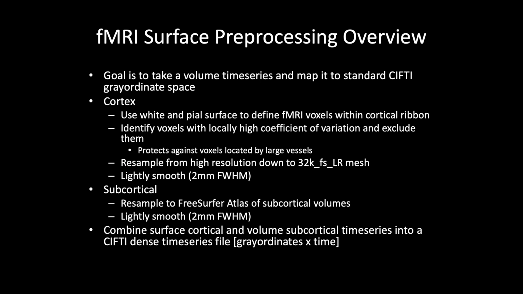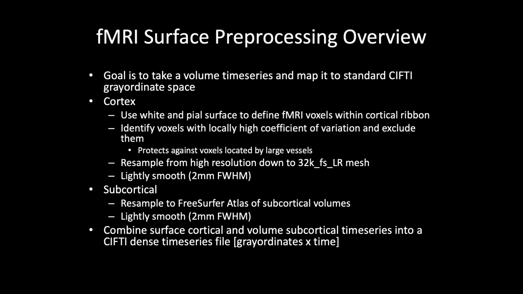So what I'm going to do is just go over the surface preprocessing next. Up till now, those steps are more or less similar to what you typically would do for volumetric processing. But since the HCP is very focused on using surface-based analyses for the cortex, there is this additional step that you would do to bring everything into more accurate surface space.